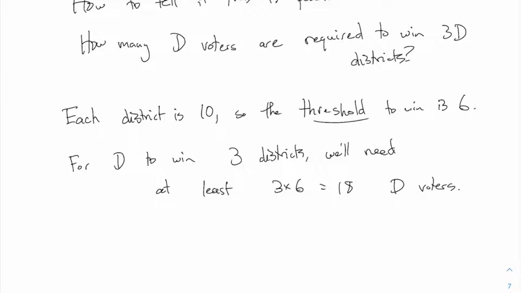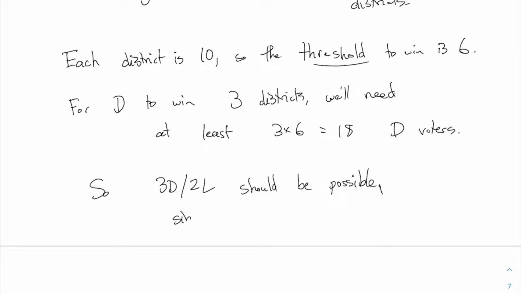So this means that it should be possible. So the overall split of 3D to 2L should be possible. Since the D's have 20 voters, only 18 are necessary to win 3 districts. So, I believe it is possible, at least mathematically.